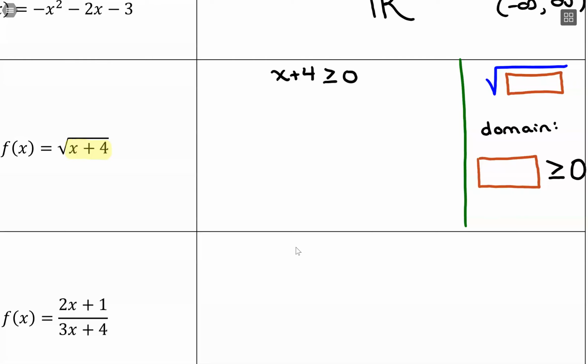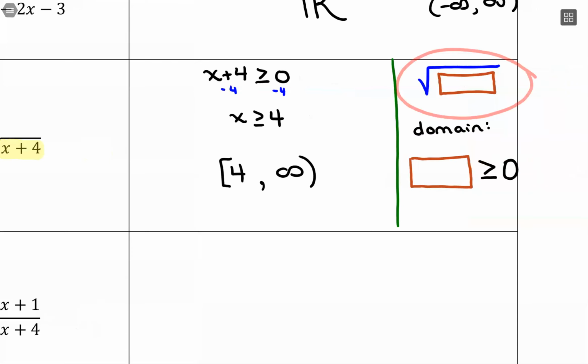Then it's just a matter of solving the inequality. I would subtract 4 from both sides and have x is more than or equal to -4. That'll be my domain of the function. Anything from -4, including -4, all the way up to positive infinity will work for my function.